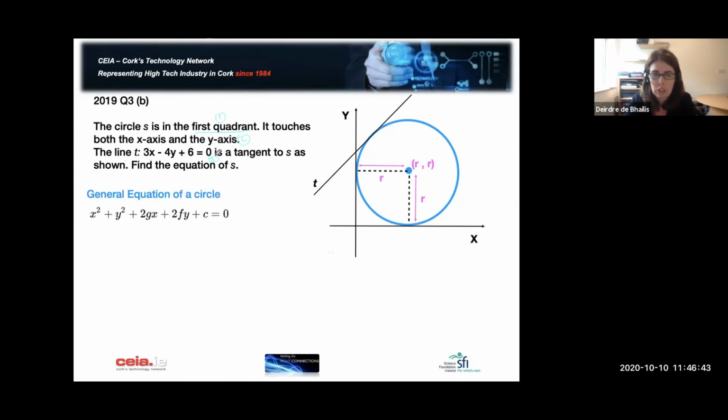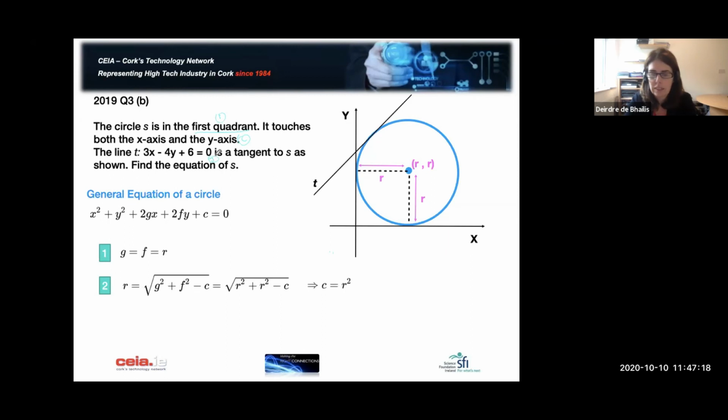Again, we get our general equation of a circle, and we know that we're going to need to find G, F, and C if we are to get the equation of this circle. G and F, of course, is the center of our circle. So, piece of information one, we know that G equals F equals R. We can use the equation in the tables to substitute for G and F and replace it with R in the equation.